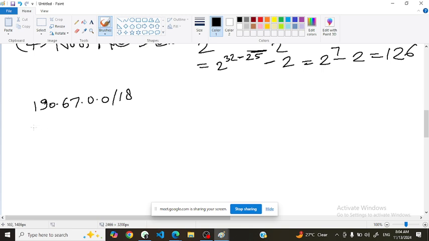Ravi Shankar, what will be the subnet mask? Ravi Shankar, are you there? Gaurav: 255.255.192.0, sir. Subnet mask.